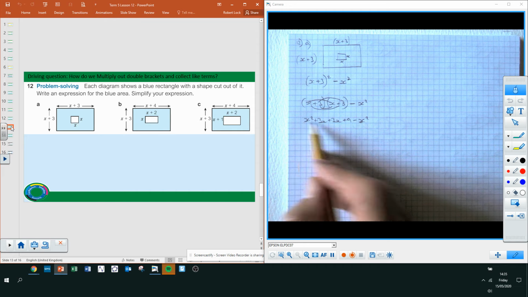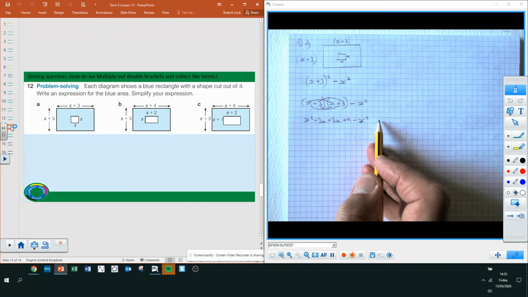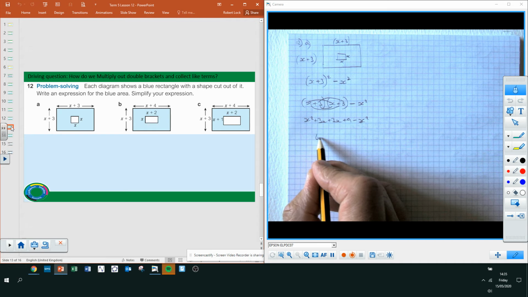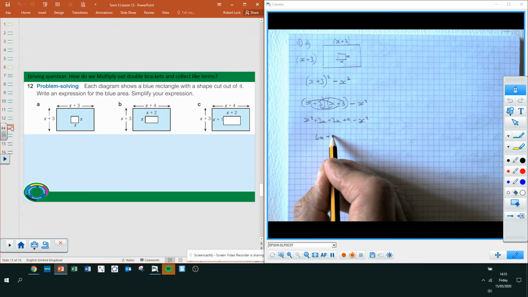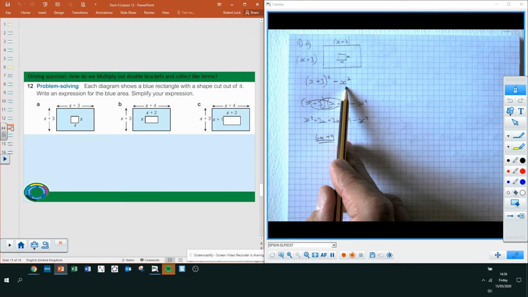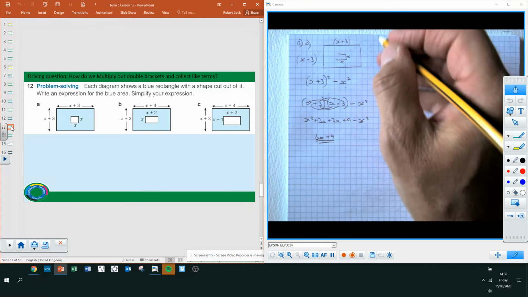So x squared take away x squared is nothing. 3 plus 3 is 6, plus 9. There's the answer. Here's the expression, here's the answer.